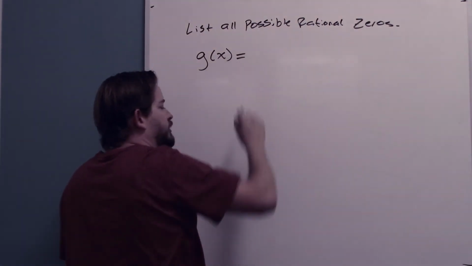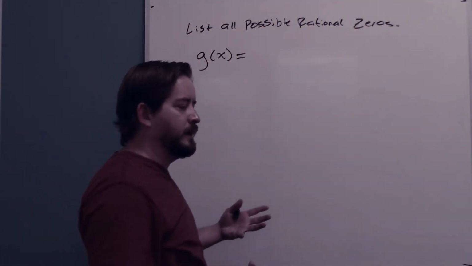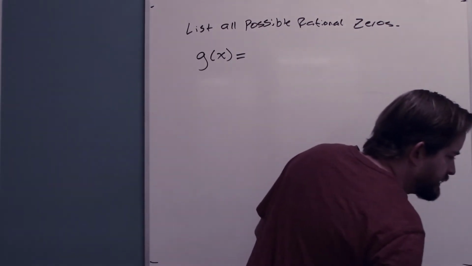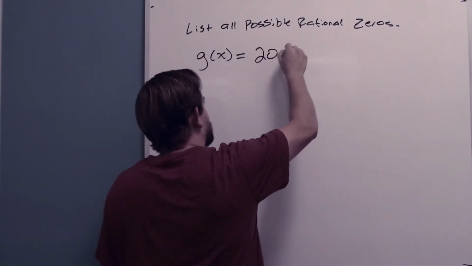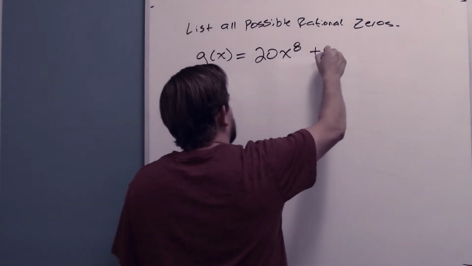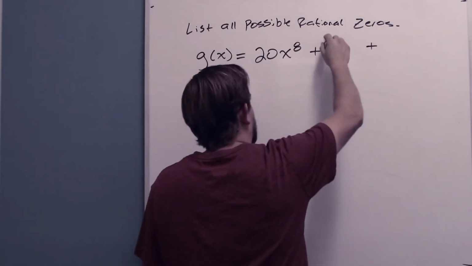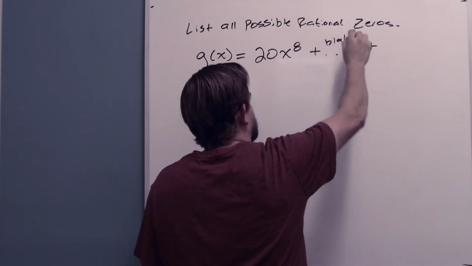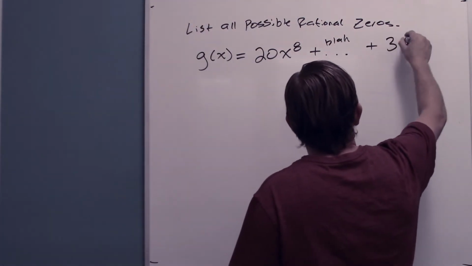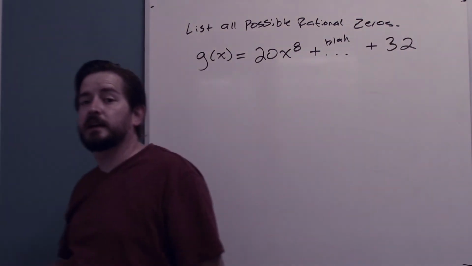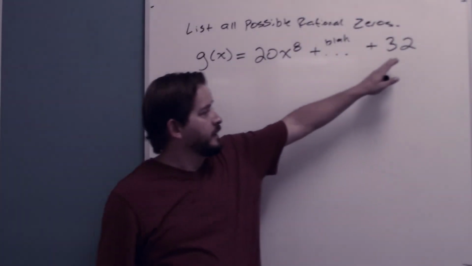I'm not even going to write the full g of x because it's big. It starts with 20x to the 8th, right? That's important. The blah, blah, blah in the middle isn't. Then it ends in plus 32, and that is important. But that's the only thing I care about, the first term and the last term.